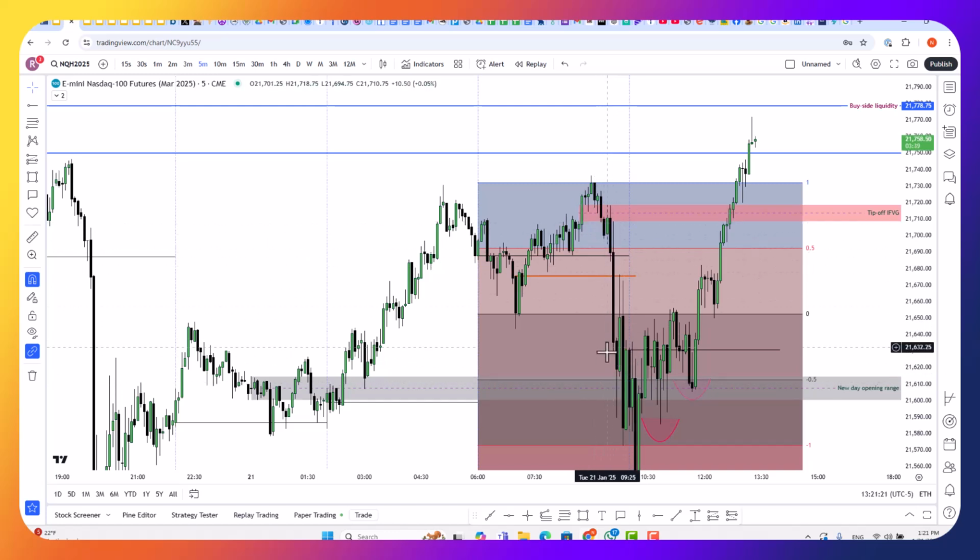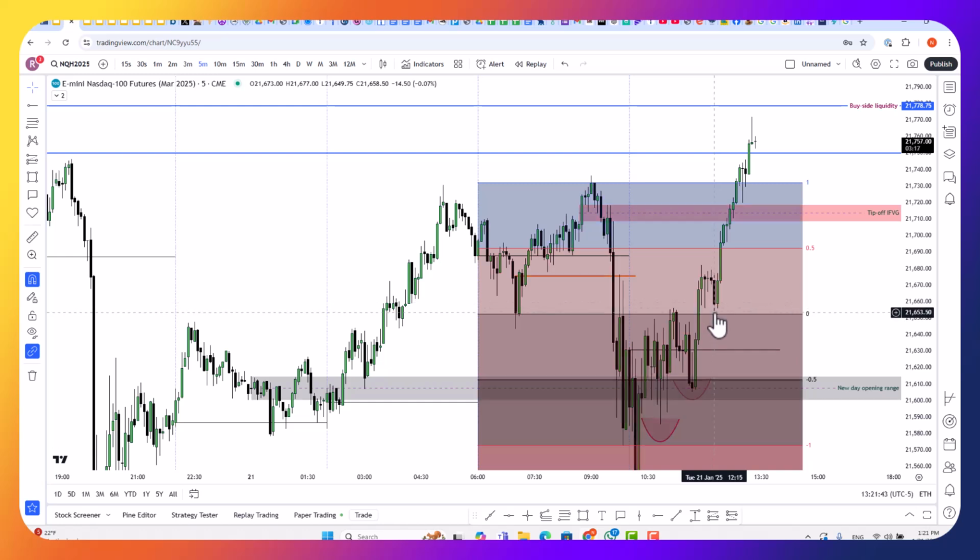So from here to here, we're short. And also, we're expecting higher prices today. So we want to see what form the sell side of the market maker buy model.